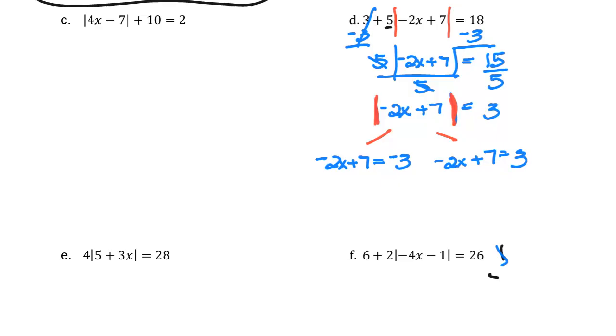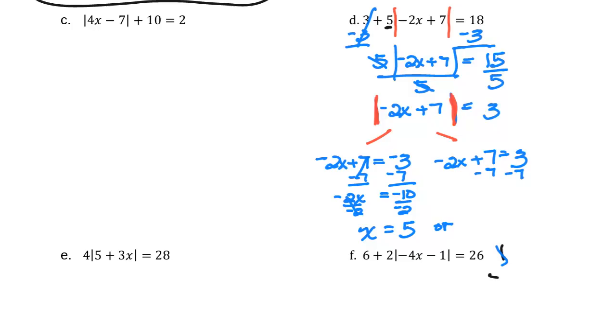And then you solve each one separately. So minus 7, negative 2x is equal to negative 10. Divide by negative 2. x is equal to 5. That's one solution. Or, then you do the other one.